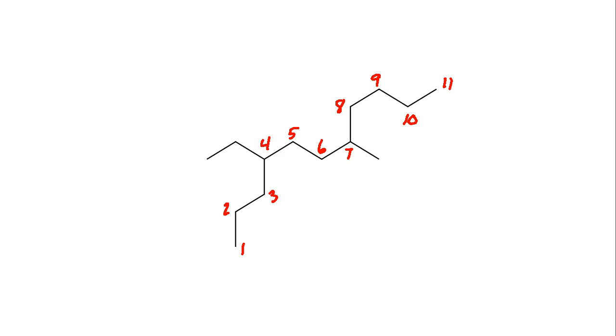Okay. So let's go back and number the other way just for comparison's sake. So we're going to do 1, 2, 3, 4, 5, 6, 7, 8, 9, 10, 11. All right. So let's look at where these substituents would fall.